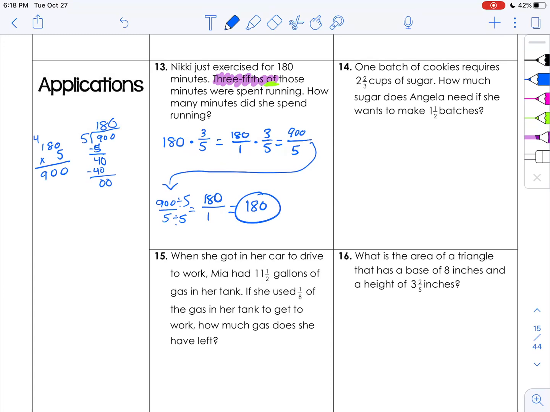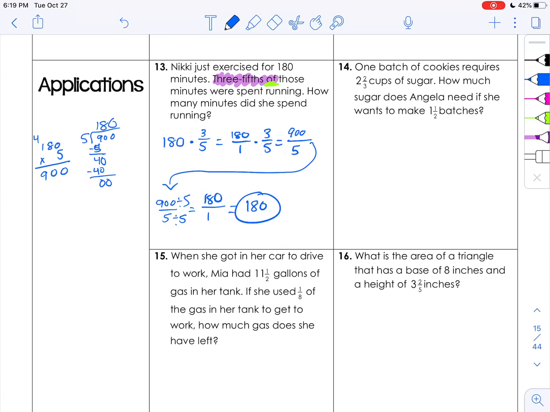Number 15. When she got in the car to drive to work, Mia had 11 1/2 gallons of gas in her tank. If she used 1/8 of the gas in her tank to get to work, how much gas did she have left? So in this problem, this is a two-step problem.